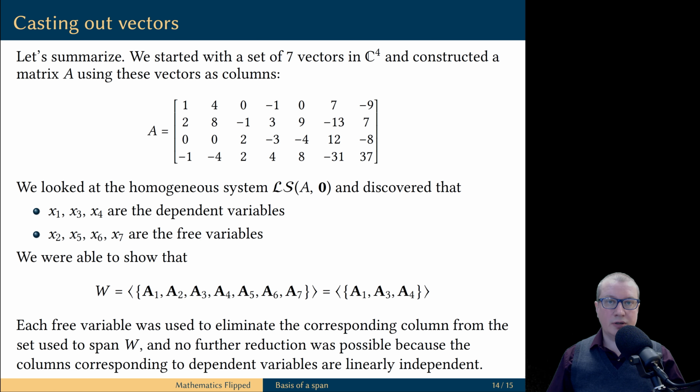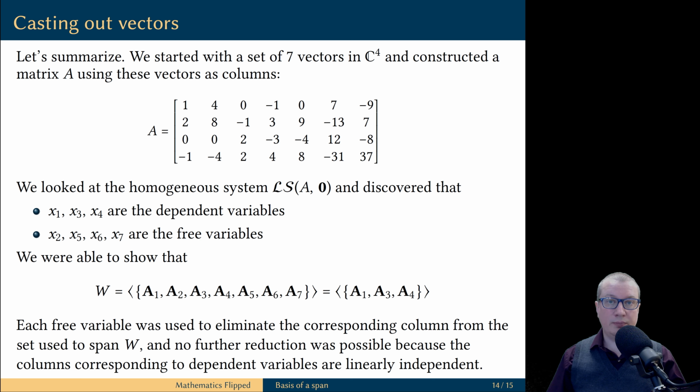In the process of discarding vectors, we used one free variable at a time to eliminate the corresponding vector, the column that corresponds to that free variable. So in effect, we eliminated all the columns that corresponded to free variables.